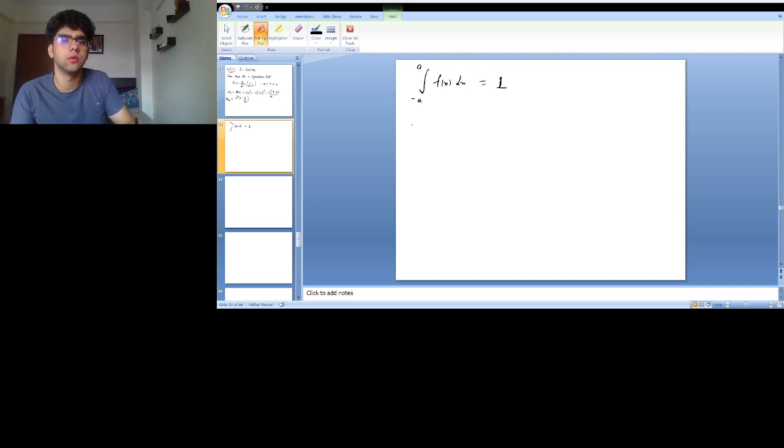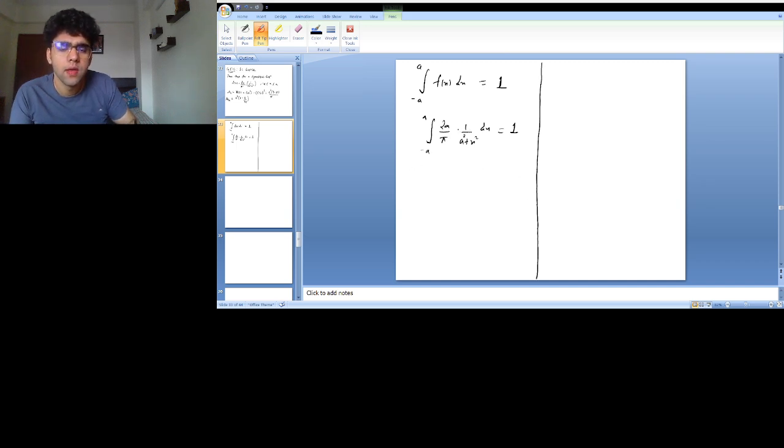So f(x) is 2a upon pi into 1 upon a square plus x square dx, where x lies between minus a and a, and this is equal to 1, right? I'm just dividing this page into two parts.